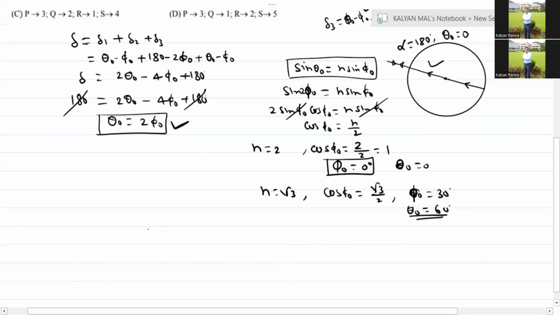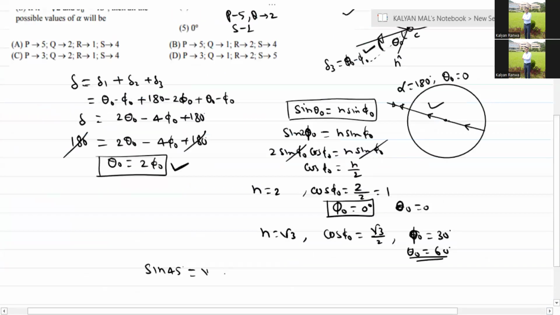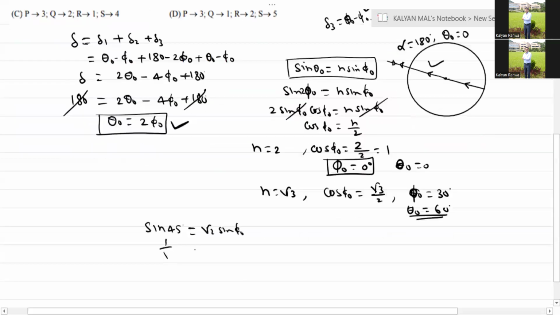So theta naught is 45 degree, and n is root 2 and sine phi naught. So 1 by root 2 equals root 2 sine phi naught. So sine phi naught comes out to be 1 by 2, and the phi naught value will be 30 degree.